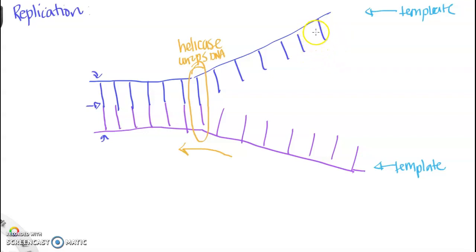Each one of those old strands is going to make a new strand, and those are going to combine to make the new DNA. So we're just going to match the nucleotides that are here. If this is an A, then we have to bring in a T. If this is a C, we have to bring in a G.